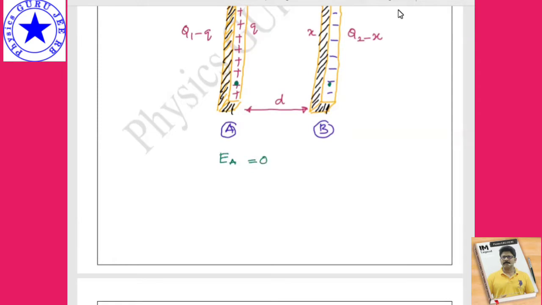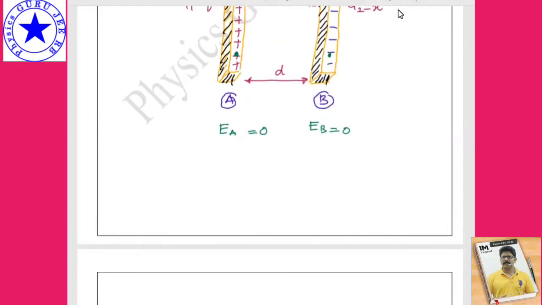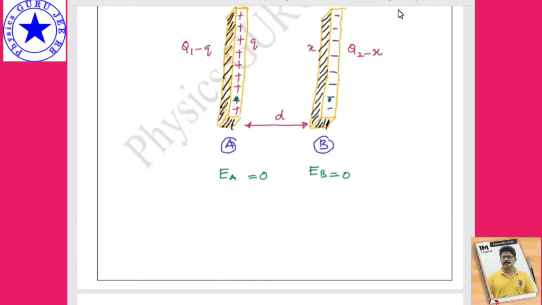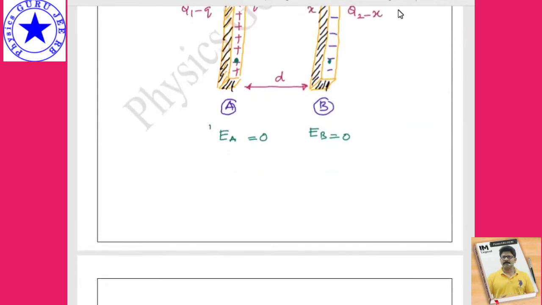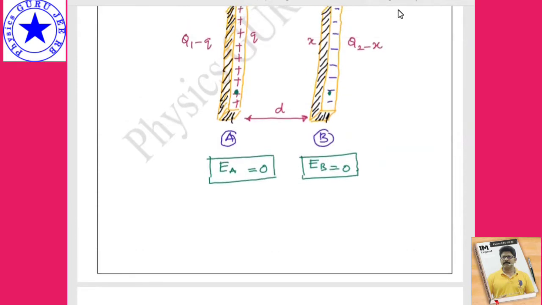Because the electric field inside a conductor is 0, and EB inside is also 0. So I'll calculate the electric field inside and equate it to 0. Electric field inside plate A is 0 and electric field inside plate B is 0. Let me calculate the electric field inside the plate first.